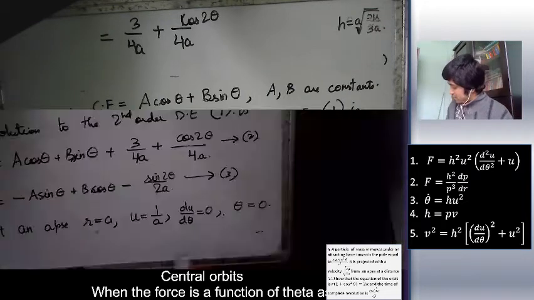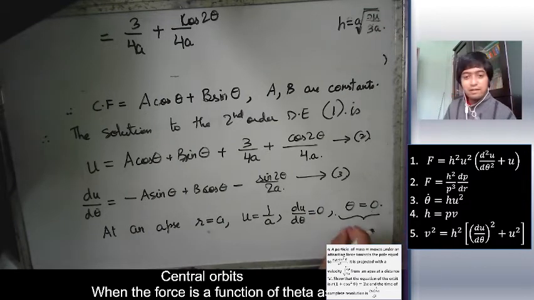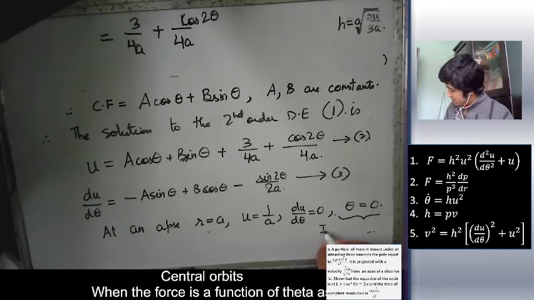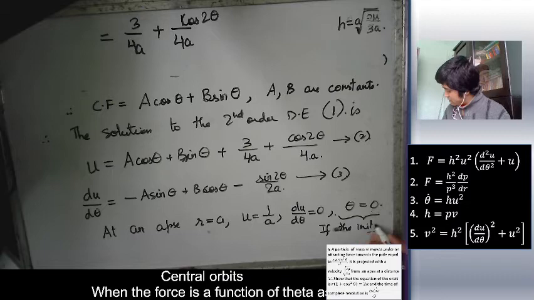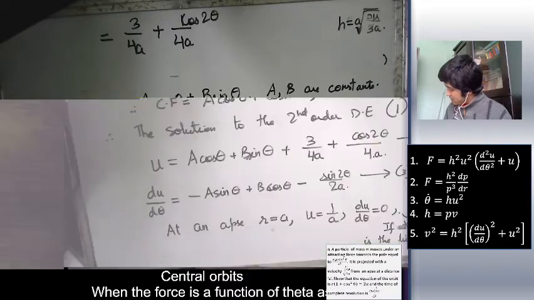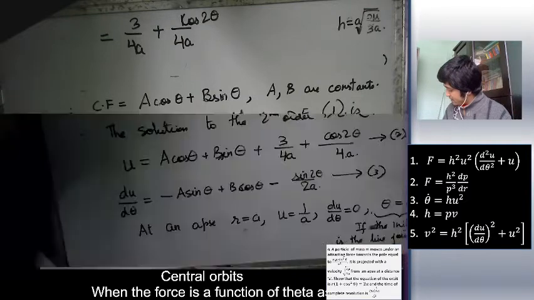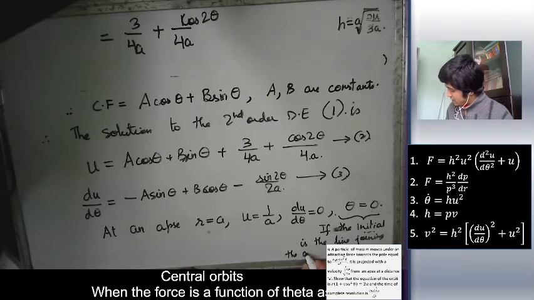If we assume the initial line is the line joining the apse and the pole.